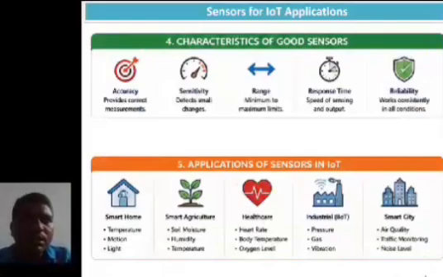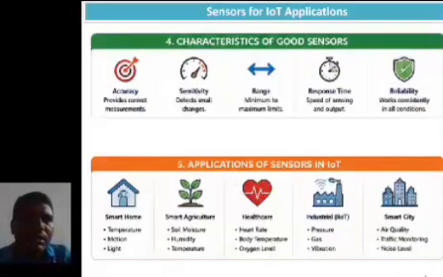Then range, the minimum and the maximum range. That is, what maximum and minimum values it can measure or detect. Then response time. At what speed it can sense and give the output, or how fast the sensor reacts. And finally the reliability. That means consistent performance.